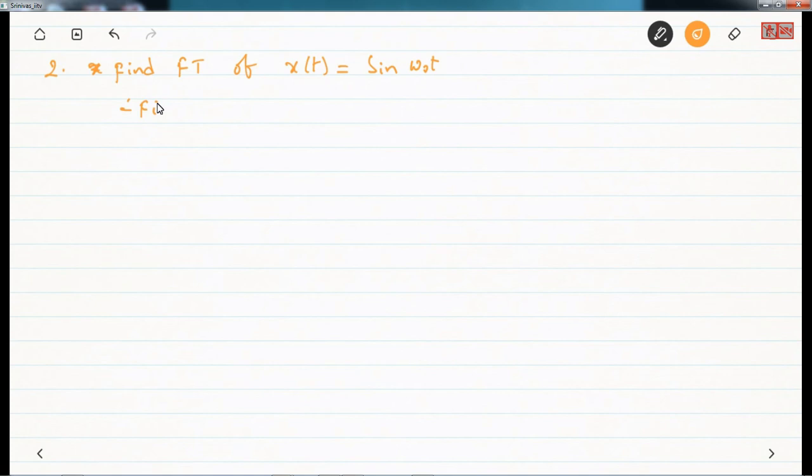So first find the Fourier series coefficients of x(t). We have seen that x(t) can be written as (e^(j omega naught t) minus e^(minus j omega naught t)) divided by 2j.